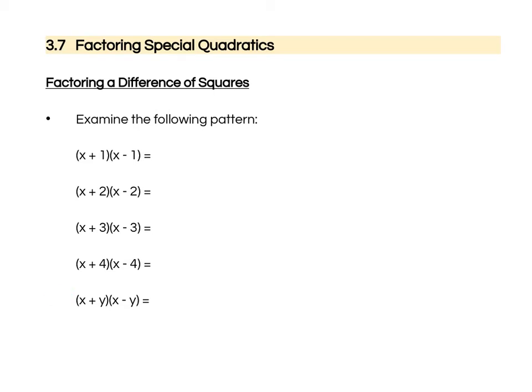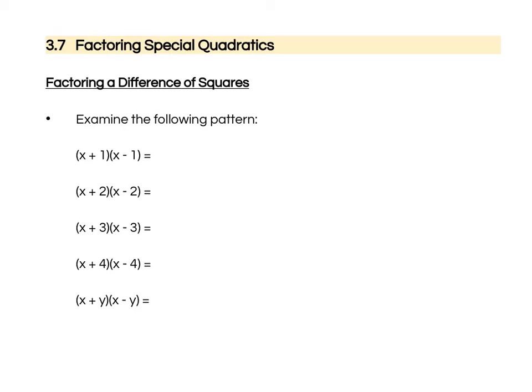Well, I'm hoping what you noticed is that in every set of factors, I have the same first term and the same last term. I also wanted you to notice that one of the factors is a sum or an addition, and one of them is always a difference or a subtraction, right? So that in each case, I have that set of circumstance.